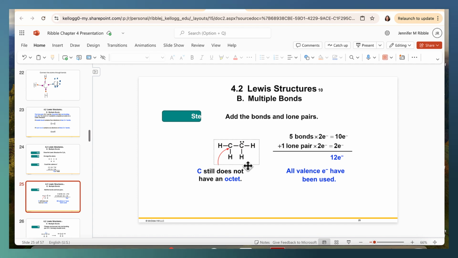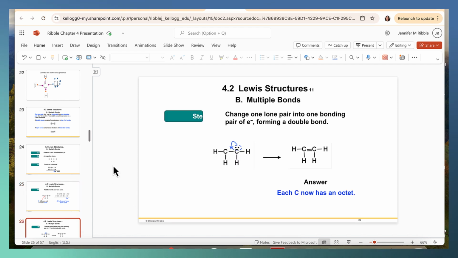So that one's not happy, but this one sees 2, 4, 6, 8. So this one is happy, but this one is not. So rather than leaving something unhappy, it's going to form a double bond instead. So these 2 electrons right here go to form this double bond, and you can see that structure right there.